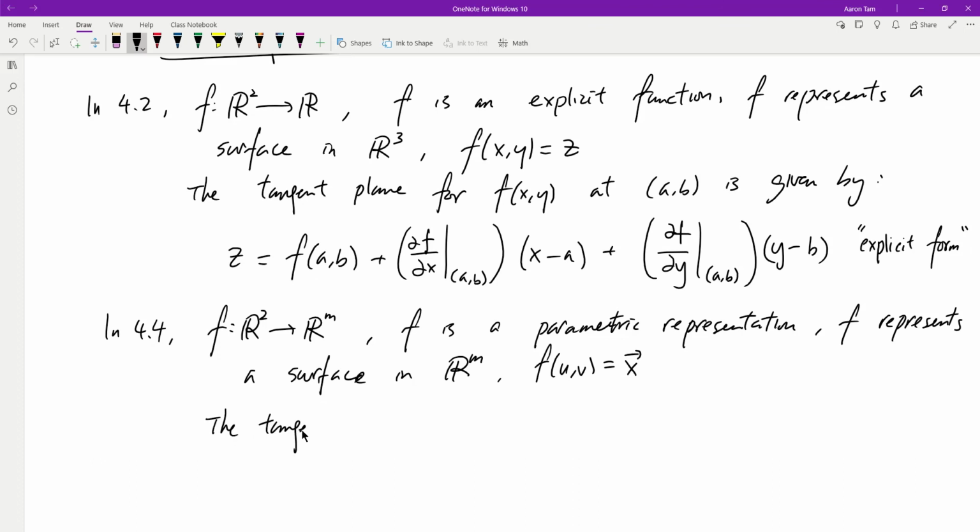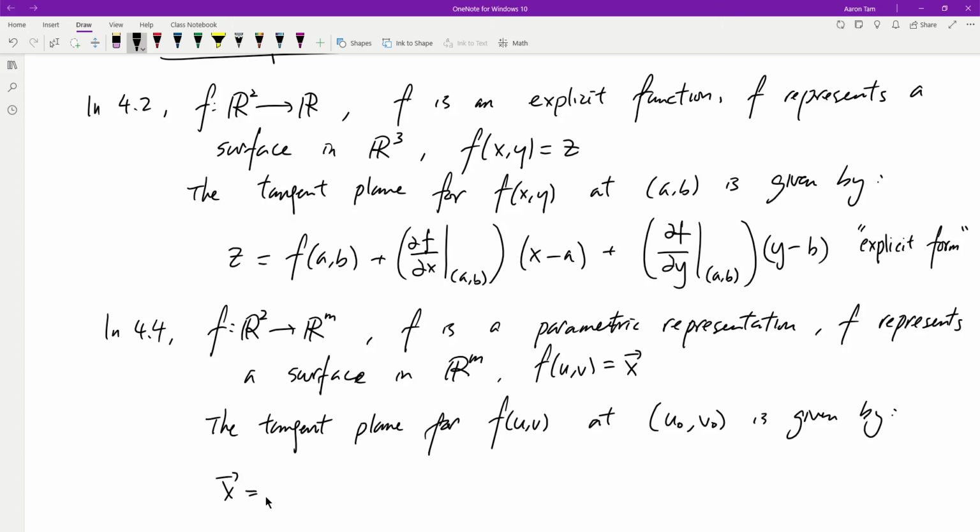And in this case, the tangent plane for f of (u, v) at the point (u0, v0) is given by this formula.